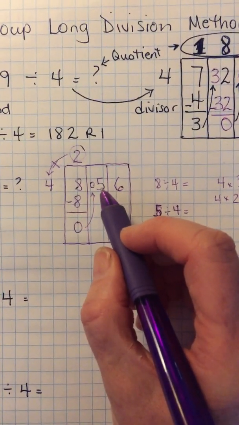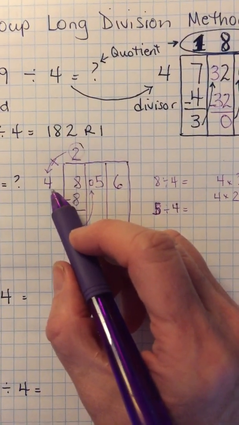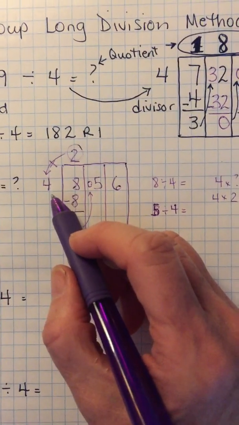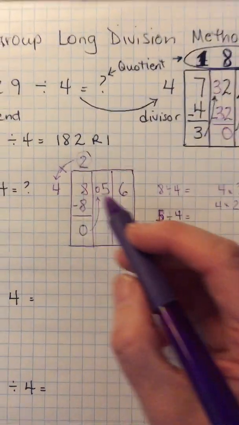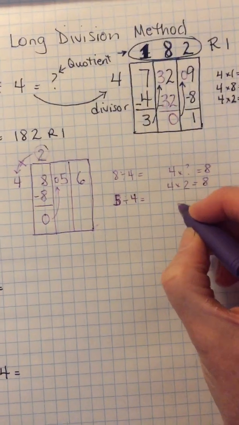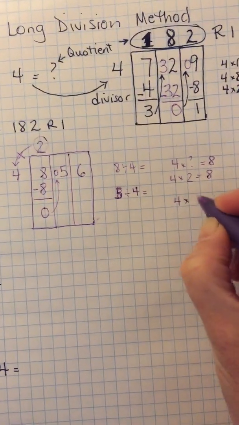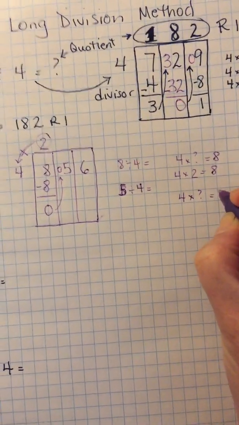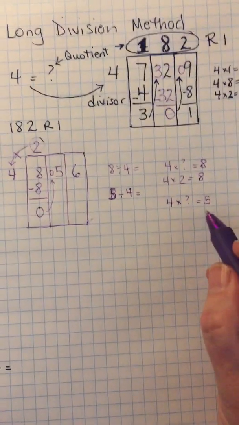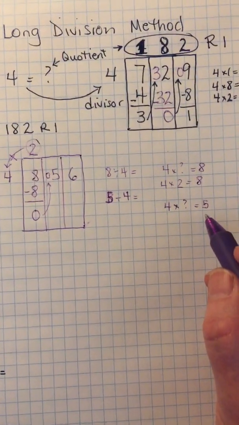But when I have 5 things and I want to group them into 4 different groups, I'm going to have to look for a multiple of 4. So I know that 4 times something, will it equal 5 exactly? No, because 5 is not a multiple of 4.